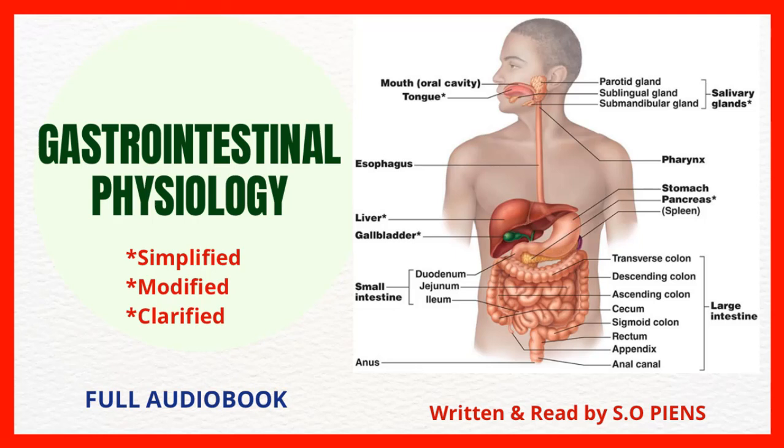Finally, we look at the metabolism of these macromolecules. Let's start with carbohydrates. Fate of absorbed glucose from the blood: the absorbed glucose enters the liver and is stored as glycogen.